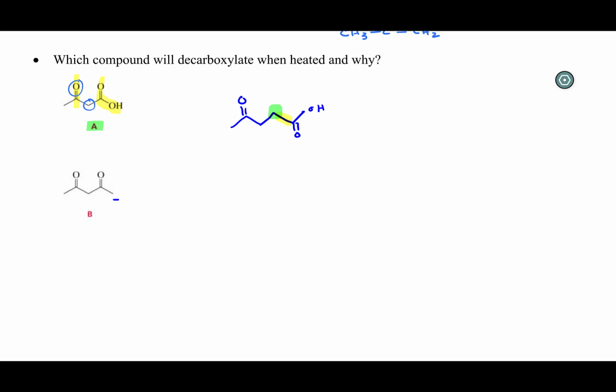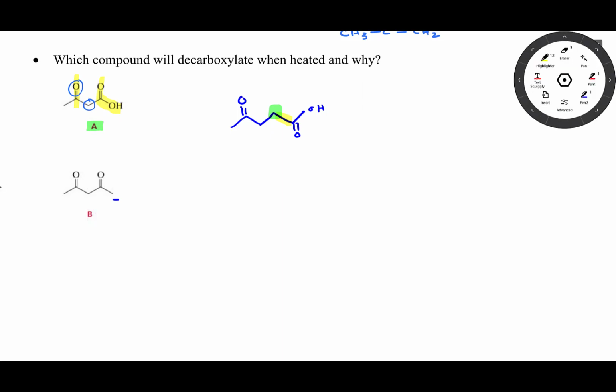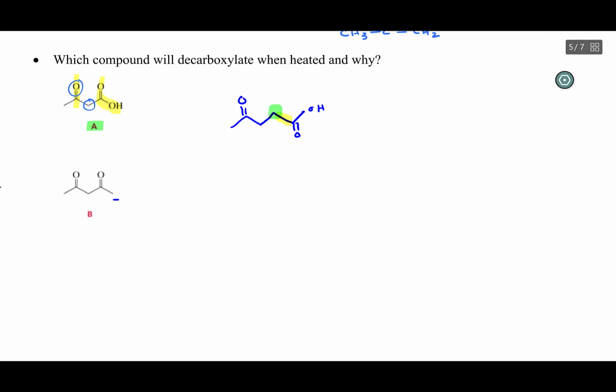It can only be stabilized in these compounds if the electrons can delocalize to this carbonyl, but this is an sp3 carbon, and you can't delocalize electrons onto that carbon because it doesn't have the p orbital available for delocalization.